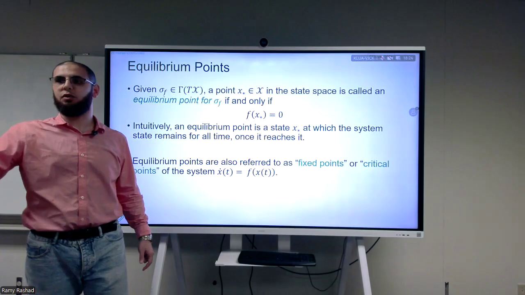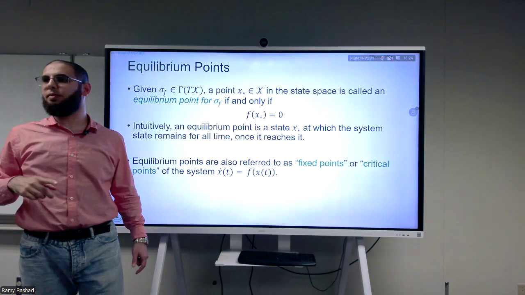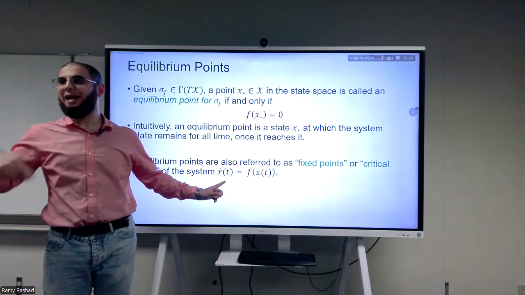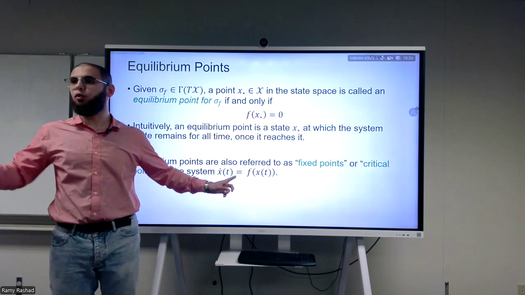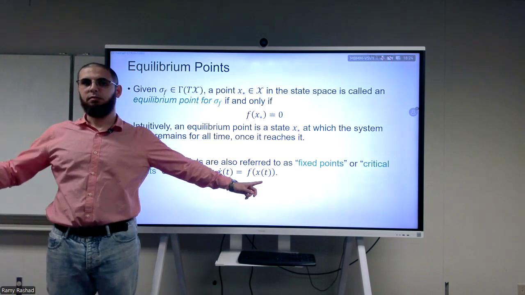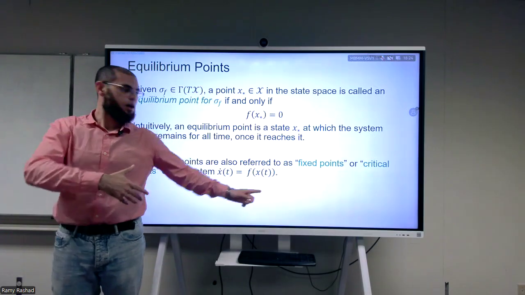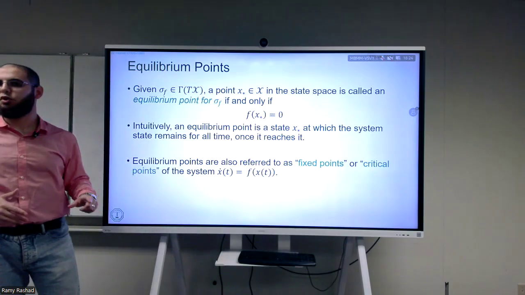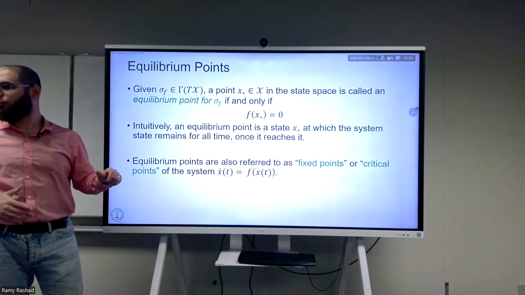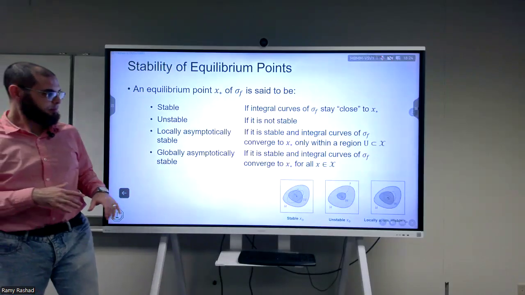And thus what is consequently 0 also? The tangent vector x dot will be 0. So when I integrate x dot equal to 0, what do I get? x of t will always be equal to the initial condition I started at for all time. So this is intuitively what an equilibrium point is. Make sense? We're going to look at an example in a bit, inshallah.